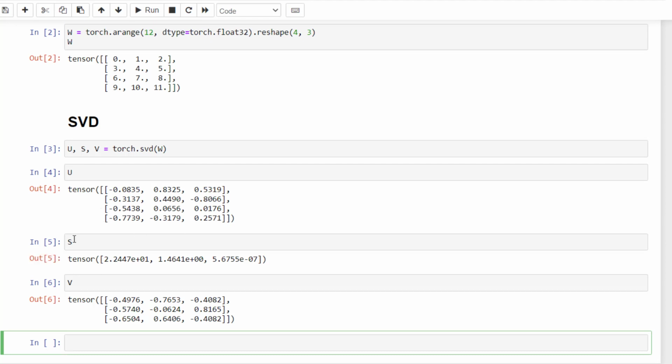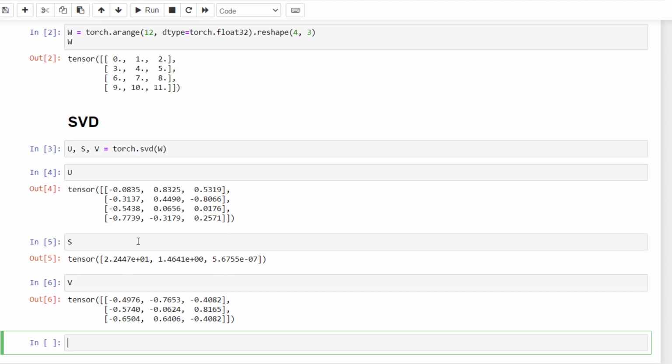And the reason is that when we look at the singular values, we have 3 singular values, meaning that the last column is useless, and PyTorch doesn't compute it at all, and our V matrix is 3 by 3. However, one thing that we see here is that our singular value matrix sigma is not actually a matrix, but it is actually a vector containing the singular values.